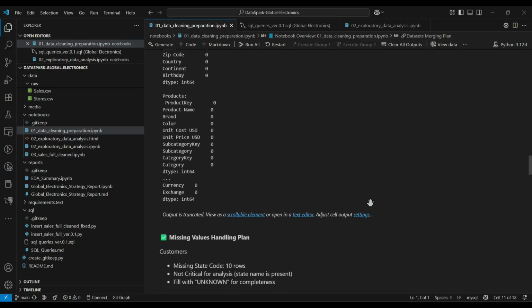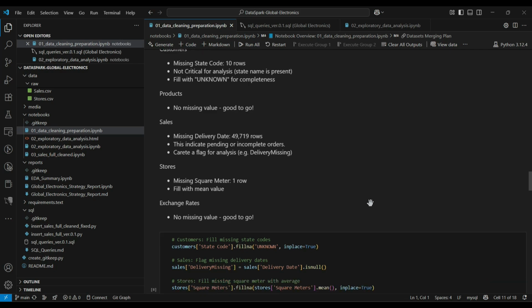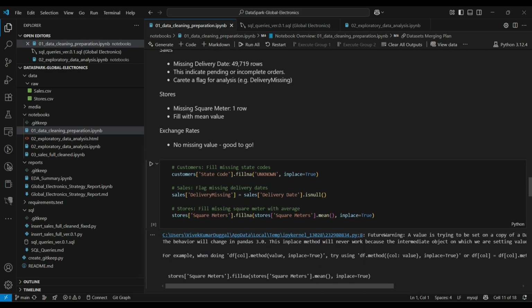I handled missing values using a mix of imputation and filtering techniques. In the customers dataset, around 10 rows were missing the state code. Since the state name was still available, I filled these missing values with unknown for completeness.